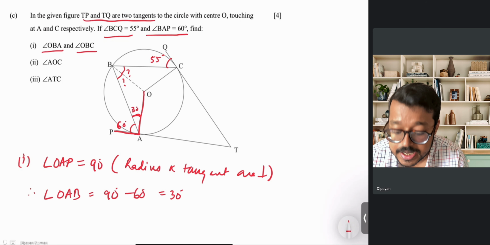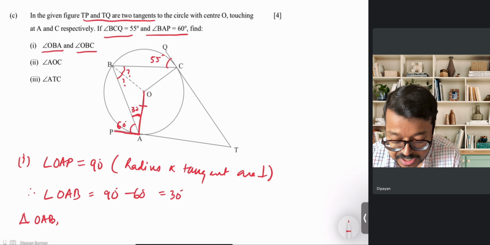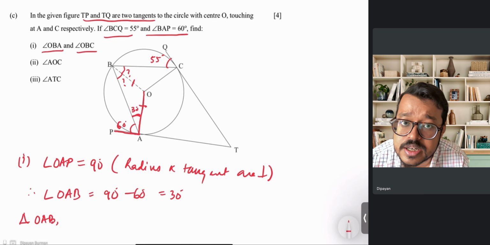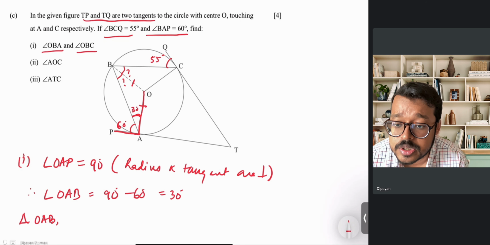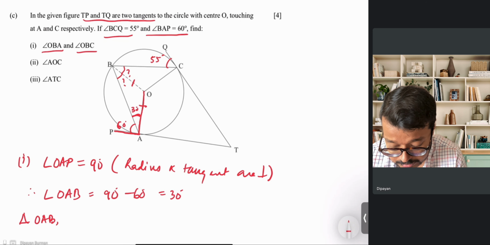Then if I look at triangle OAB, I know that OA and OB are equal because they are radii of the same circle. So it becomes an isosceles triangle. And we know that base angles of isosceles triangle are equal. So I will say that angle OBA is equal to angle OAB equal to 30 degree.